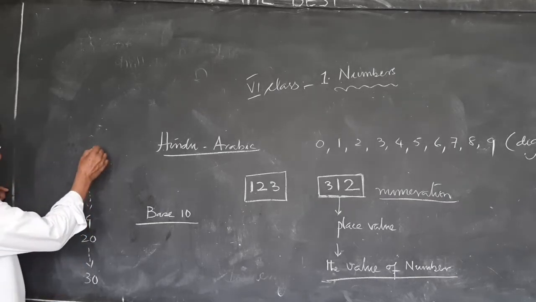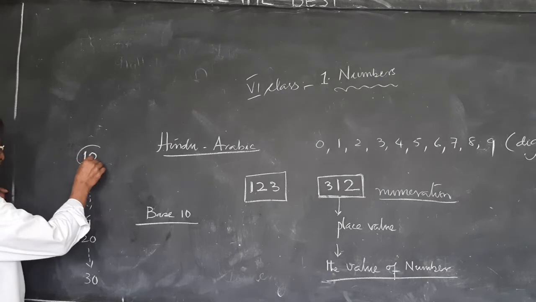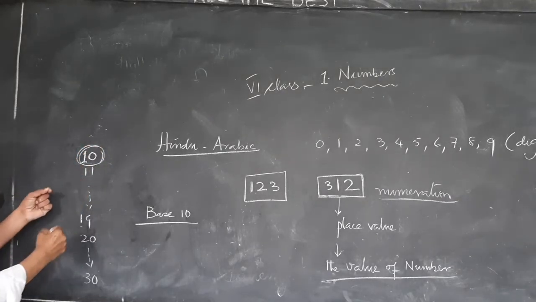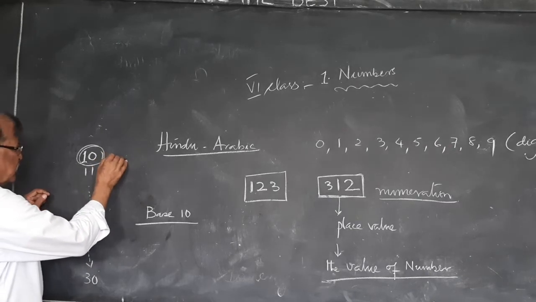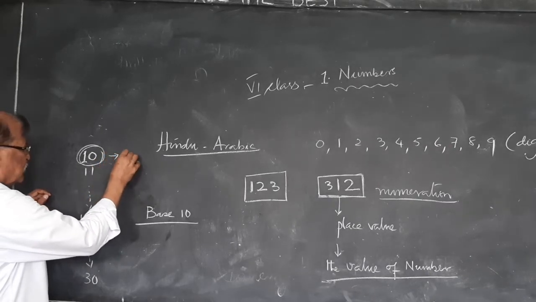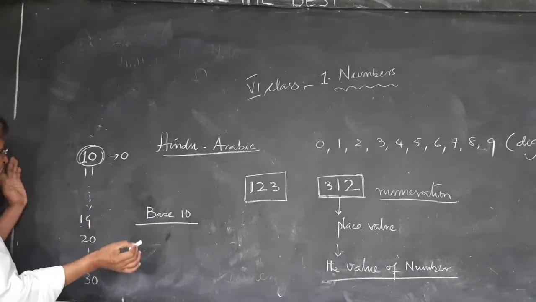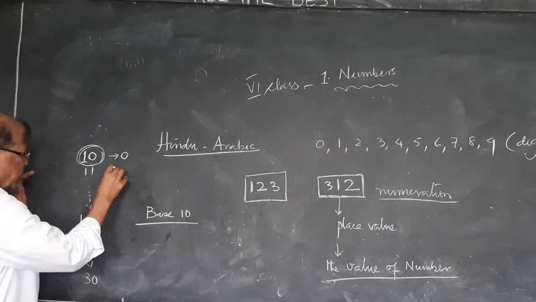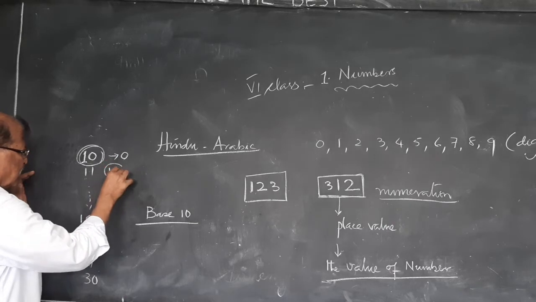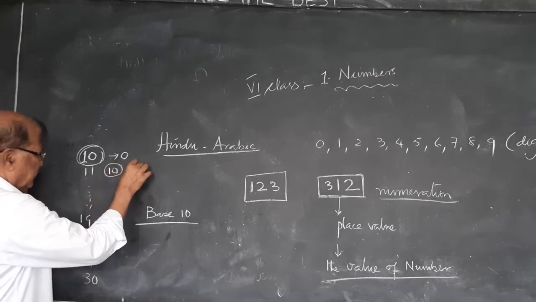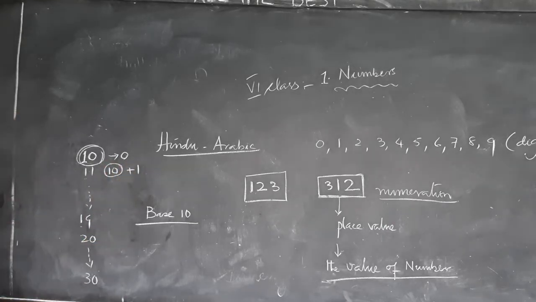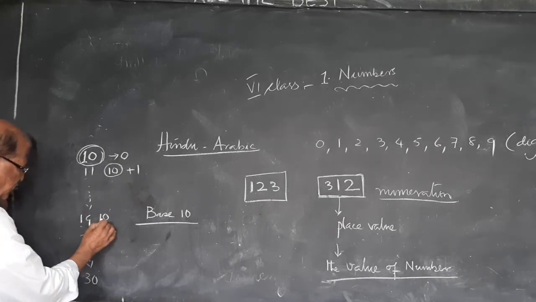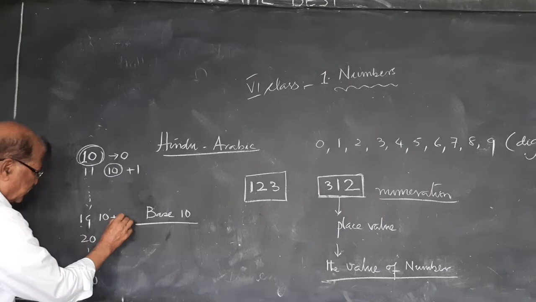If you make 10 sticks into a bundle with a rubber band, nothing is left. So here 0 is left. Suppose you take 11: you take 1 bundle of 10 and 1 is left. Take up to 19: 10 sticks made one bundle and 9 sticks are left.